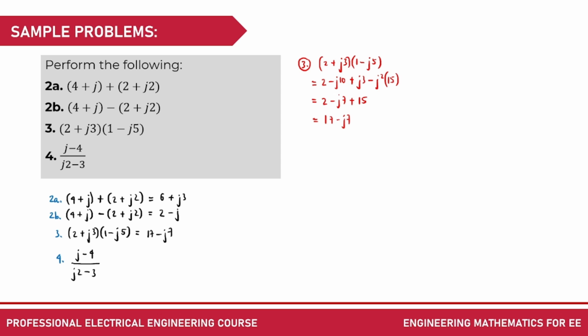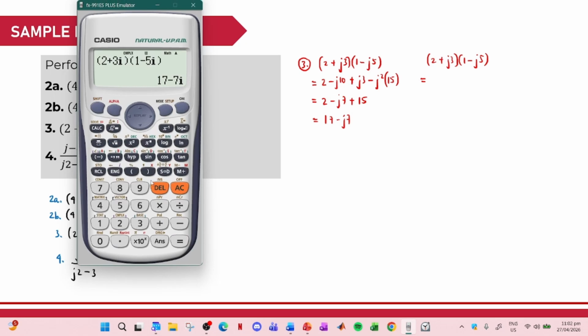Another solution we could do for this one is this. 2 plus j3 times 1 minus j5. If we're going to use the polar form method, we can convert the first two numbers to polar form. So we have 2 plus j3.